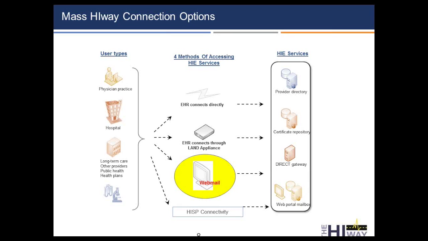As you hear in the news today, there are several private HISP HIE organizations in the state who charge per transaction or based on your agreement with them. We also enable our customers to utilize those private HISP connectivities to connect to MeHI. So it's a very broad model where we do not restrict participants, but we provide them all possible means of connecting to enable a very secure communication.